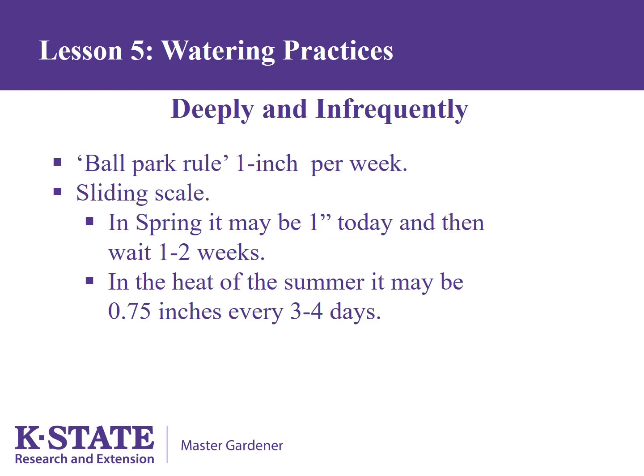Since we do not have a lot of technology with sensors and this and that, this is kind of our general ballpark area. And in the spring, it may be an inch of water applied to it, but you maybe wait a little bit before you apply it again.